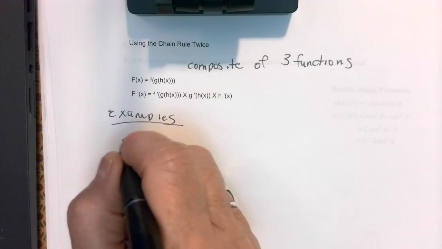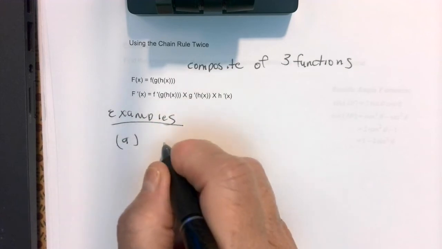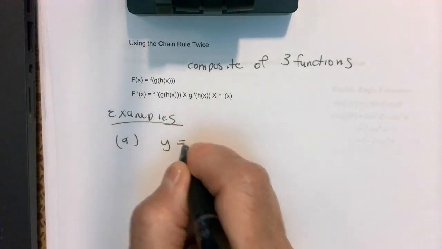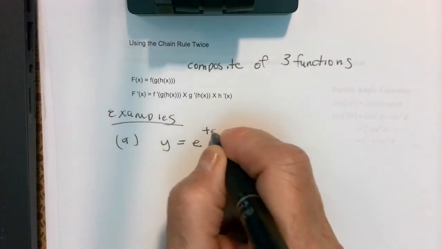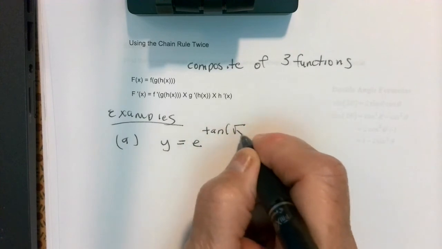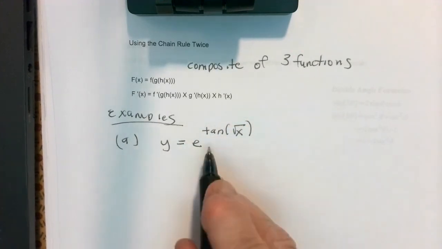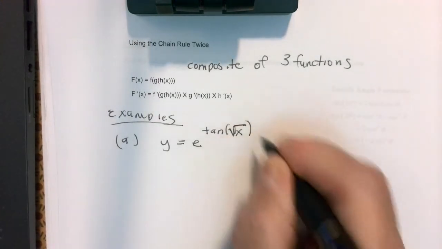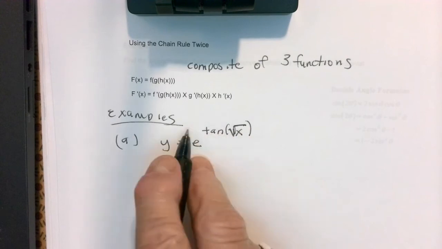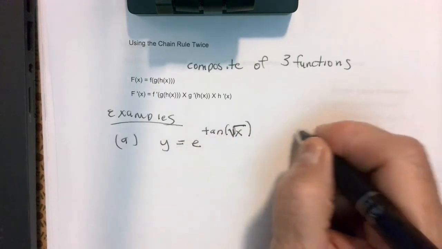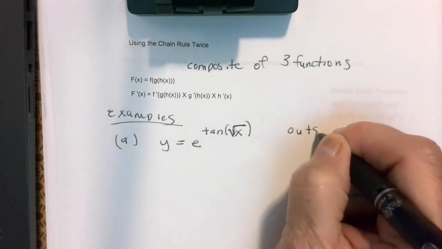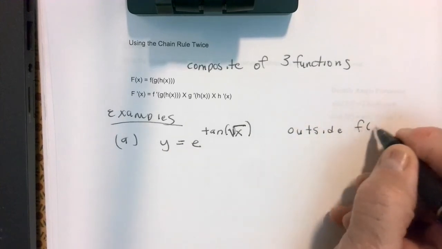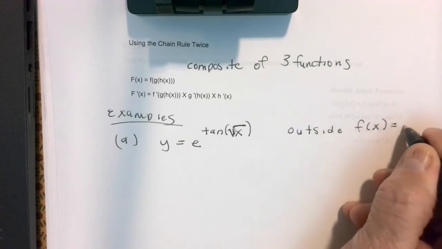So the first one says y equals e to the tangent of square root of x. So it's important to recognize that there's 3 functions here, functions of x. And why are there 3? Well, there's the outside, which is f of x equals e to the x.